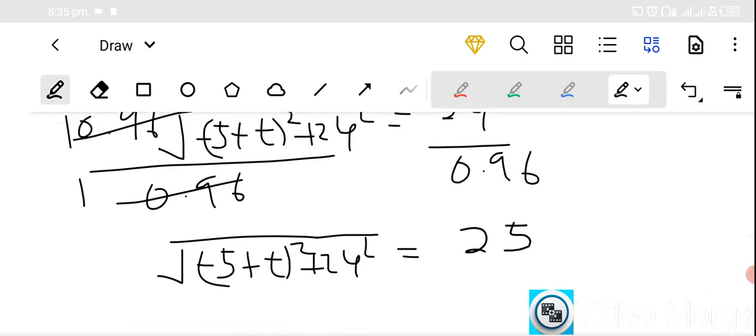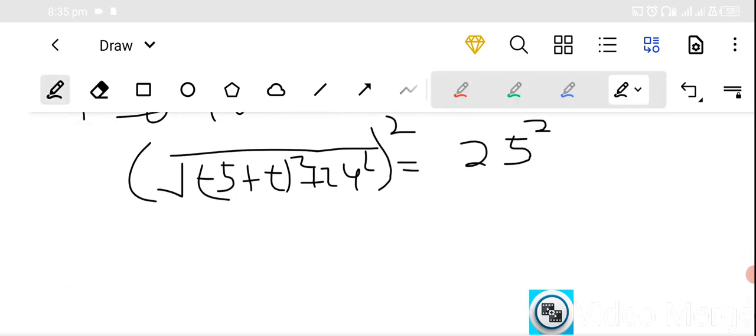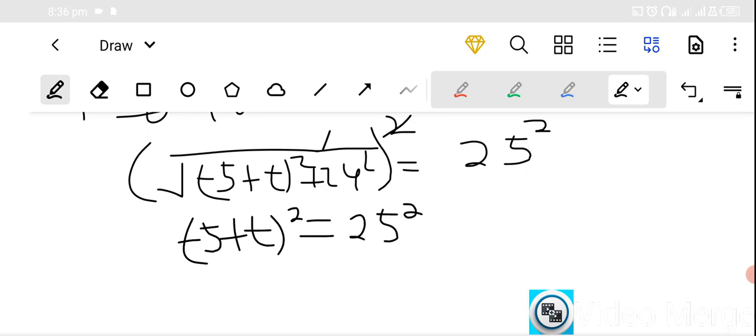Now since I have the square root on one side, we would like to square. So where the squared and square root cancel, I have negative 5 plus t squared plus 24 squared, we can simply say is equal to 25 squared minus 24 squared.